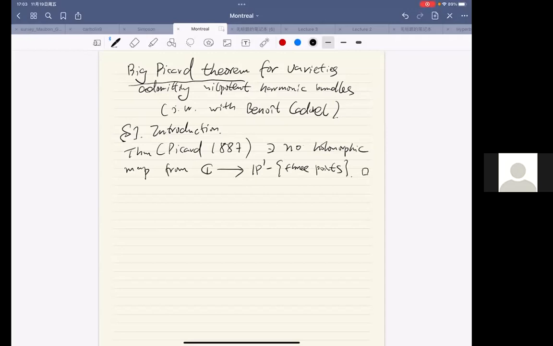And there's also a stronger theorem, which is called the big Picard theorem, also proven by him.